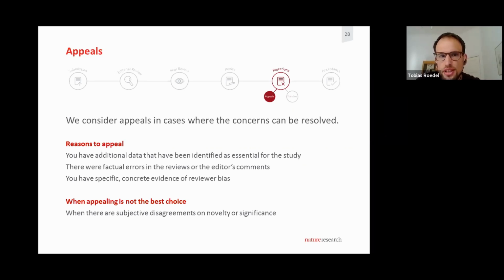Reasons for an appeal can be that you have additional data which address the concerns of the referees, or that there are really factual errors in the reviews. And if you have concrete evidence for bias of one of the referees, this might also be a reason to appeal. But please don't appeal when there are subjective disagreements on novelty or significance.